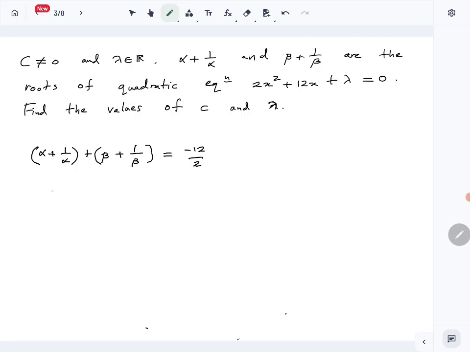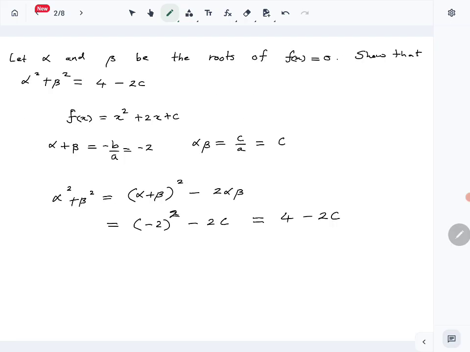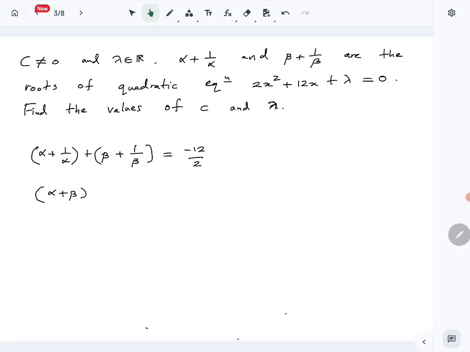Then let's simplify. Let's group them into things we know: alpha plus beta from the previous part. Alpha plus beta is what? Minus 2, and alpha beta is c, right?